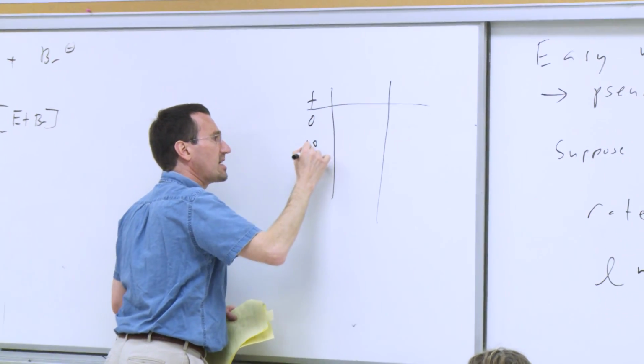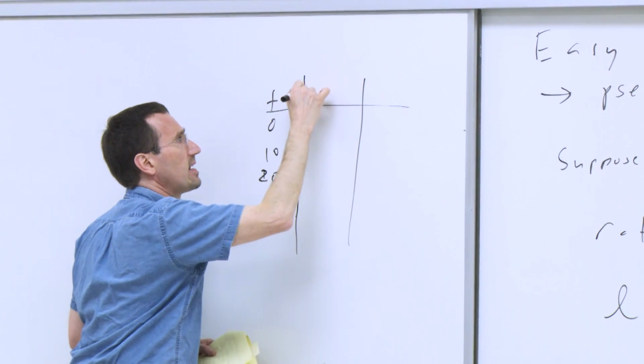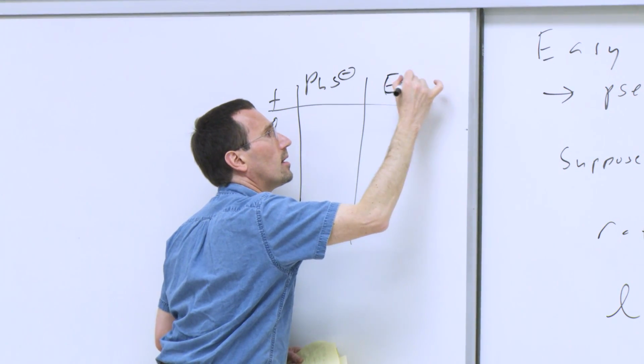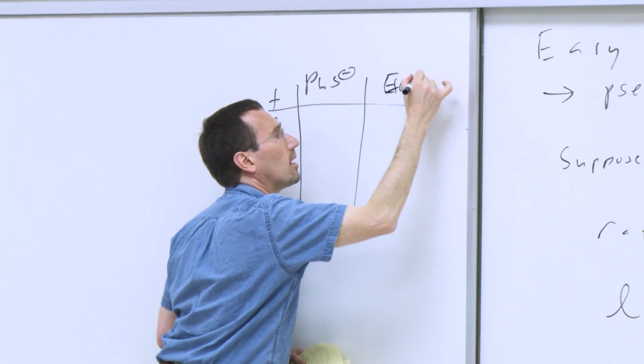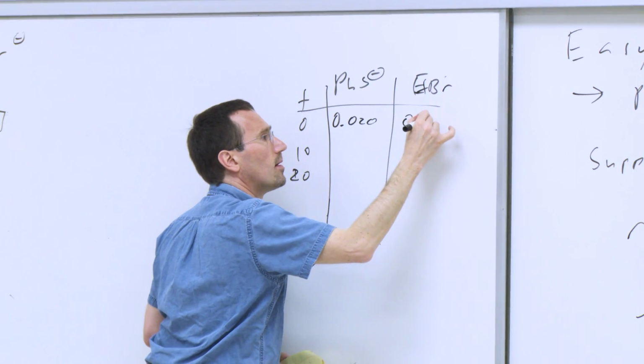So right, you're saying basically now if we set up our table, and again, this is all fake, made up, pulled out of thin air data. At time 0, it's 0.020.